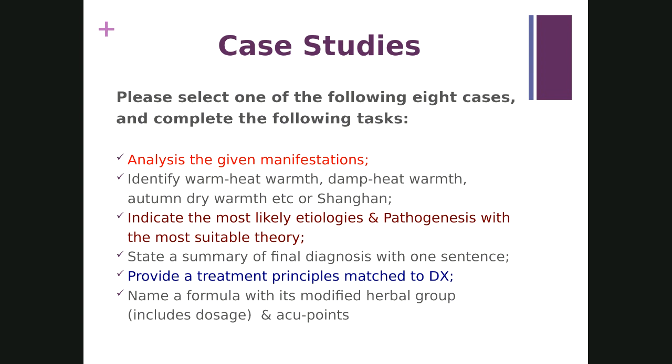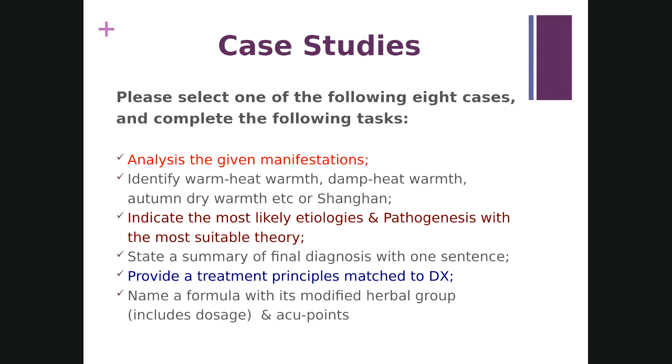Let's have a look. What we expect for the case study: given the manifestations, identify warm heat, damp heat, autumn dryness, etc., or maybe Shanghan conditions, based on the given symptoms and signs.